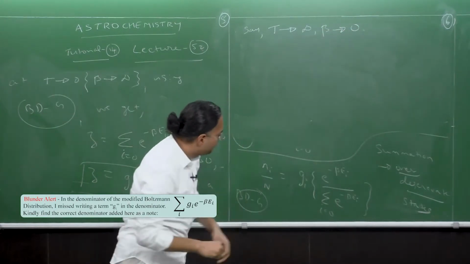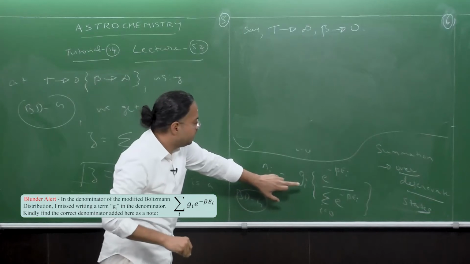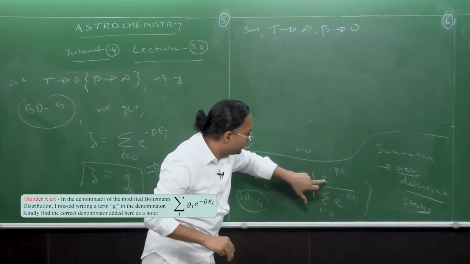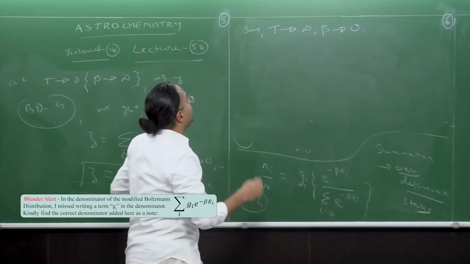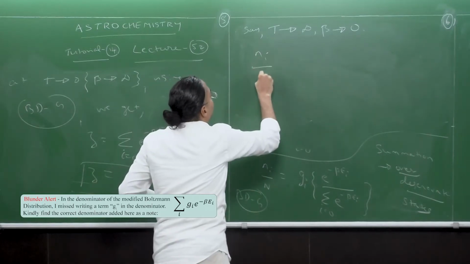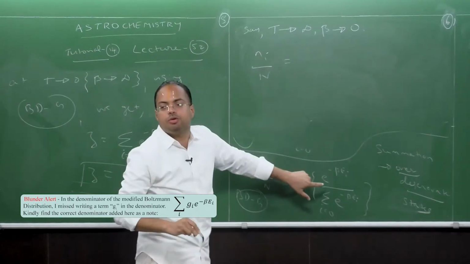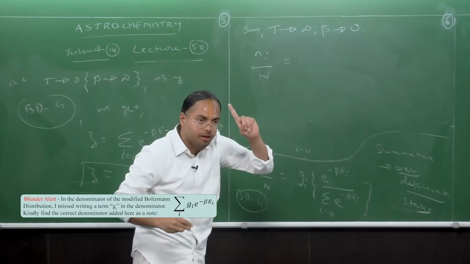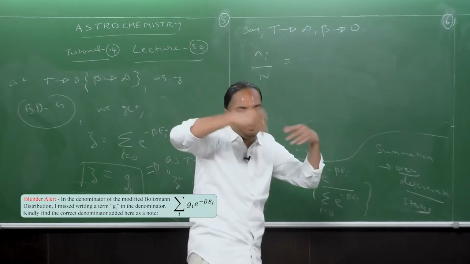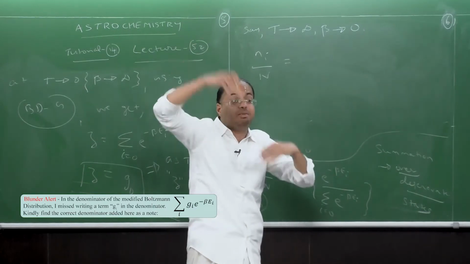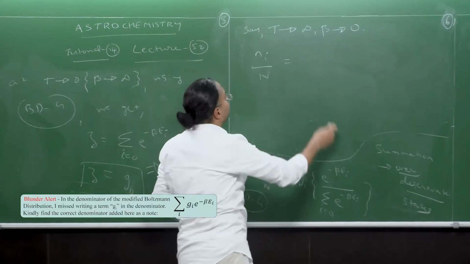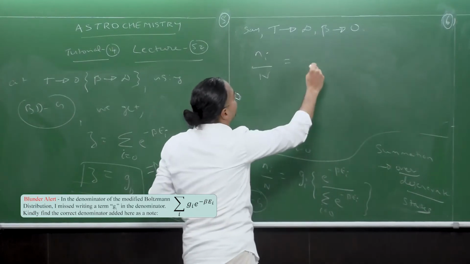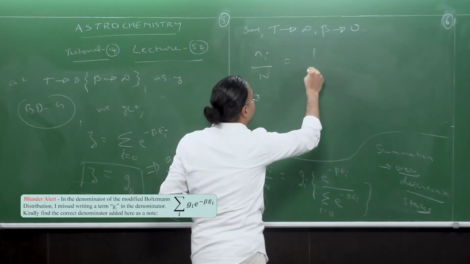Now if you take a look at this particular equation, what happens to my numerator? Well, beta tends to 0, so the numerator is going to be 1, since e to the power 0, any base to the power 0, is 1.